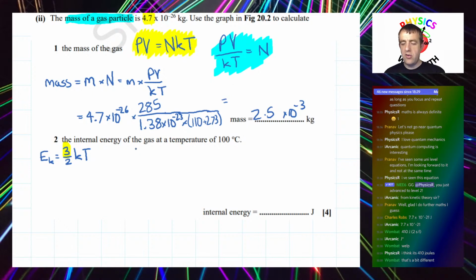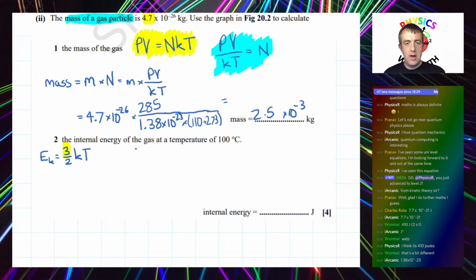I need to go find my constant. Where's k gone? I can never remember my constants. I'm a physicist because I don't have to remember things. That works. And then 3/2.